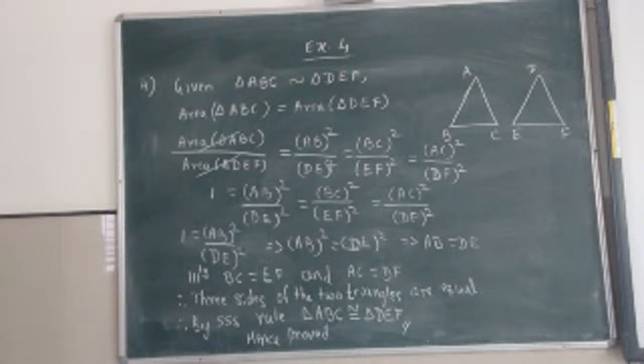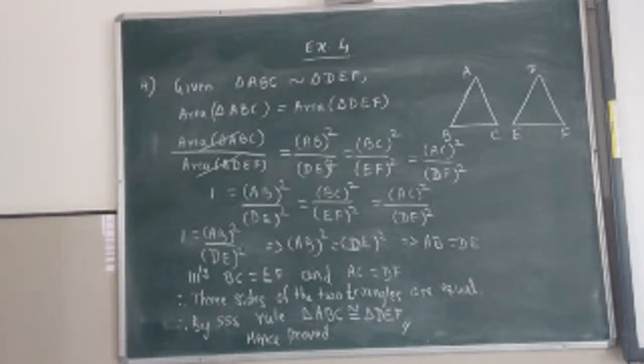That's why all the ratios of the squares of the corresponding sides are equal to 1. When we take the values individually equal to 1, we get AB equals DE, similarly BC equals EF, and AC equals DF. Therefore, three sides of the two triangles are equal, and by using the SSS congruency rule, we can write triangle ABC is congruent to triangle DEF. That is the required thing.